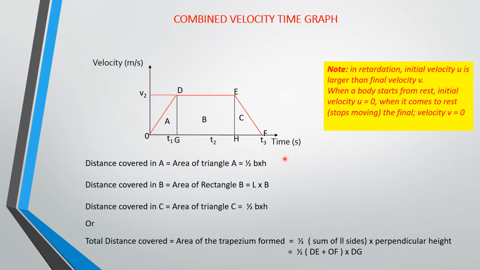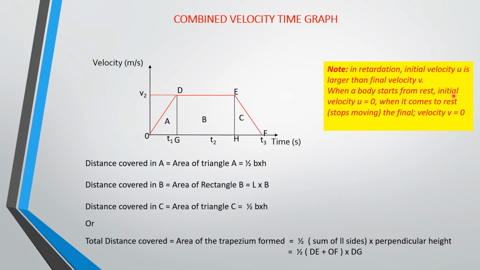Before we go to the problem, I want you to know that when the car is retarding, that is from E to F, the final velocity here becomes the initial velocity, and the final velocity at rest will be equal to 0, right? So when a body is retarding, the initial velocity is higher than the final velocity.